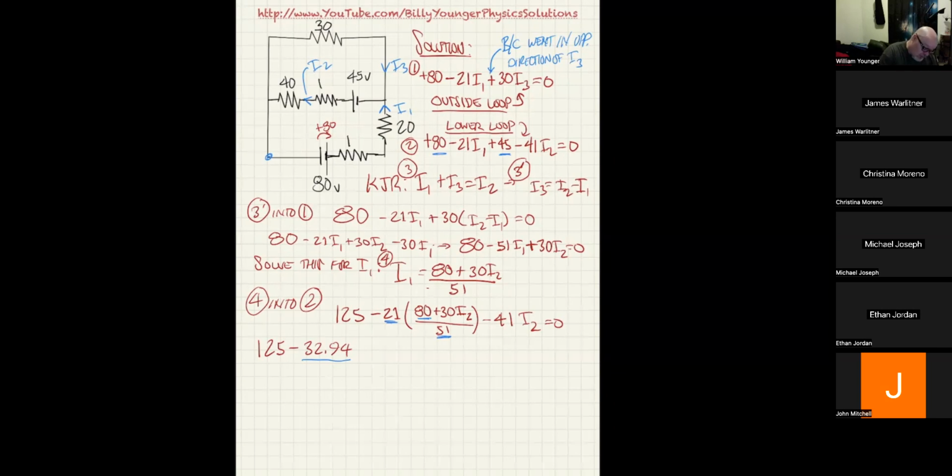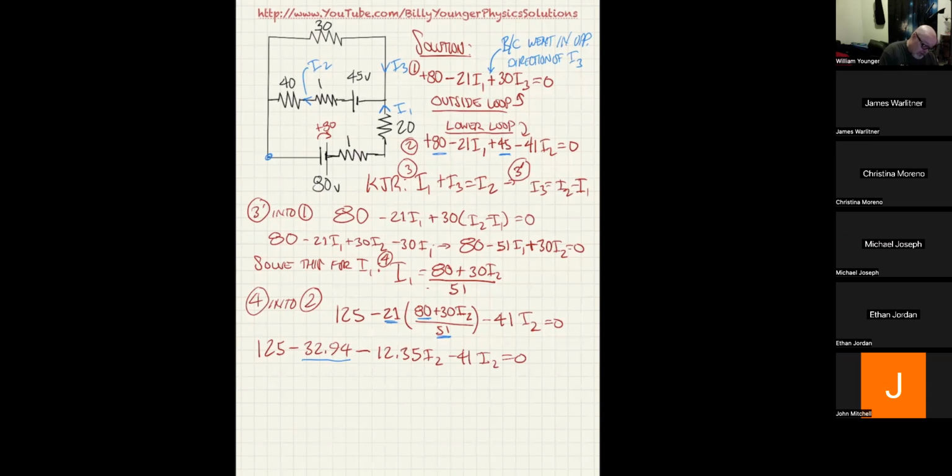And of course, that's going to give me a negative 12.35 I2, minus 41 I2 is equal to 0. So I can add 12.35 and 41 and get 53.35, and I'll put them on the other side.